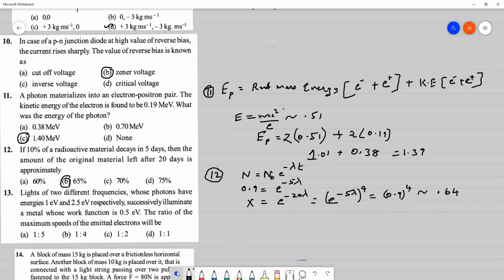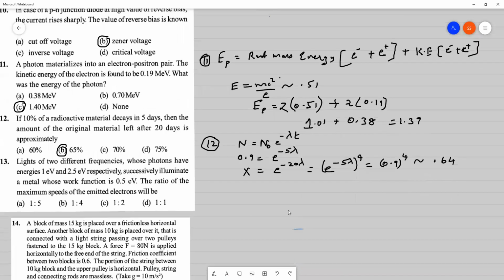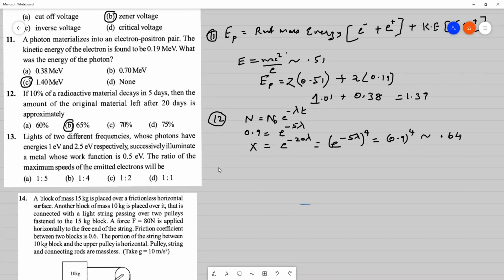Now next is question number 13. So everyone, let's read out this question. Light of two different frequencies whose photons have energies 1 electron volt and 2.5 electron volt respectively successively illuminate a metal whose work function is 0.5 electron volt. The ratio of the kinetic energy.